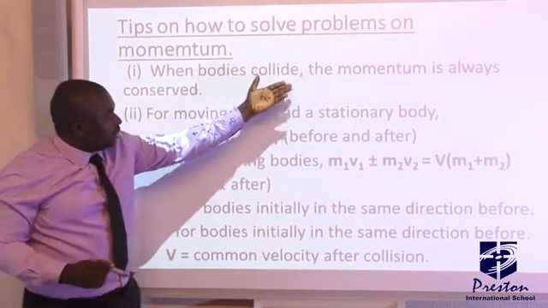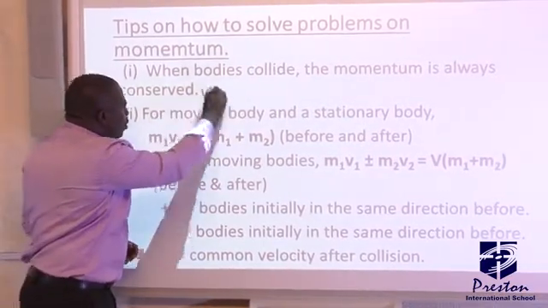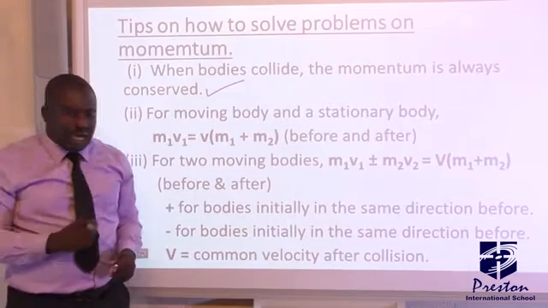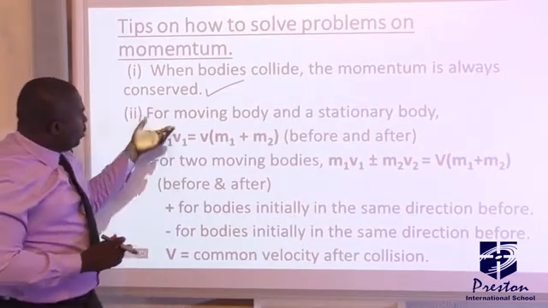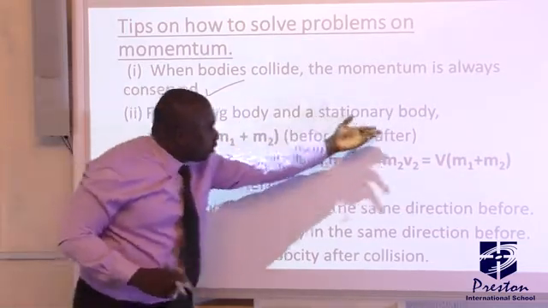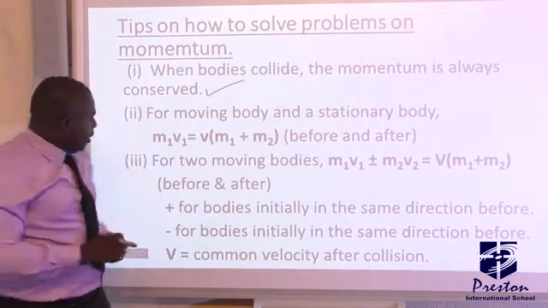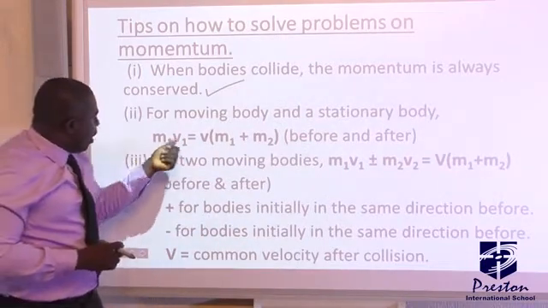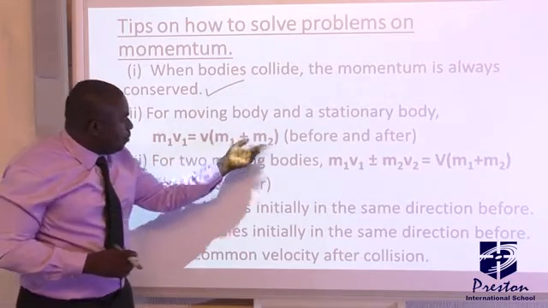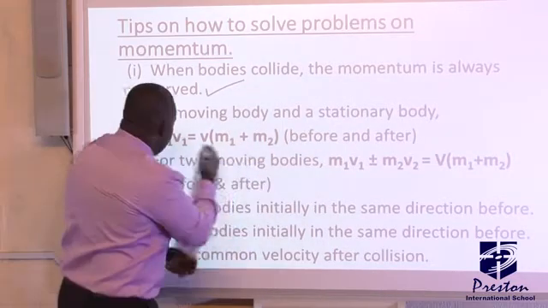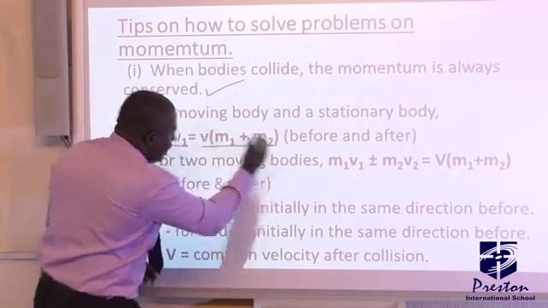When bodies collide, the total momentum is always constant. Pay attention to that. For a moving body and a stationary body, that is a body at rest, we can say M1 V1 equals V times (M1 plus M2). This is before and this is after.